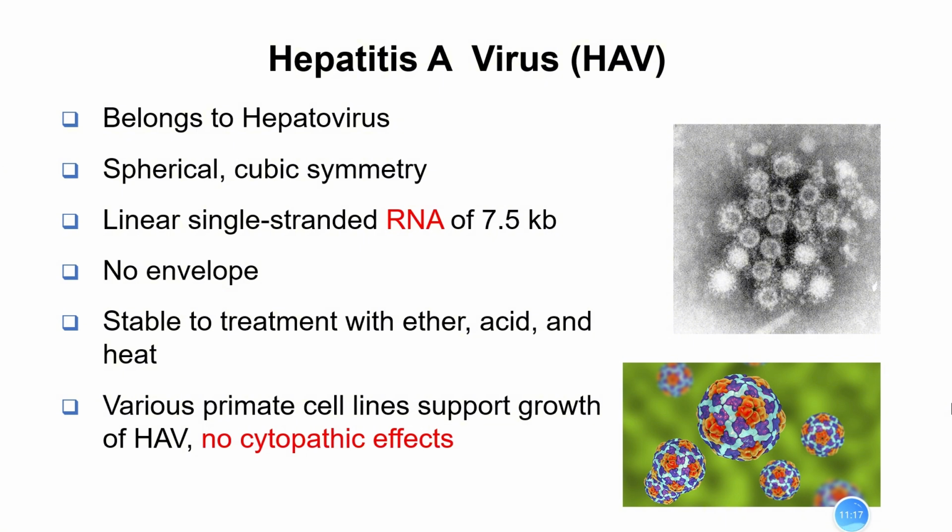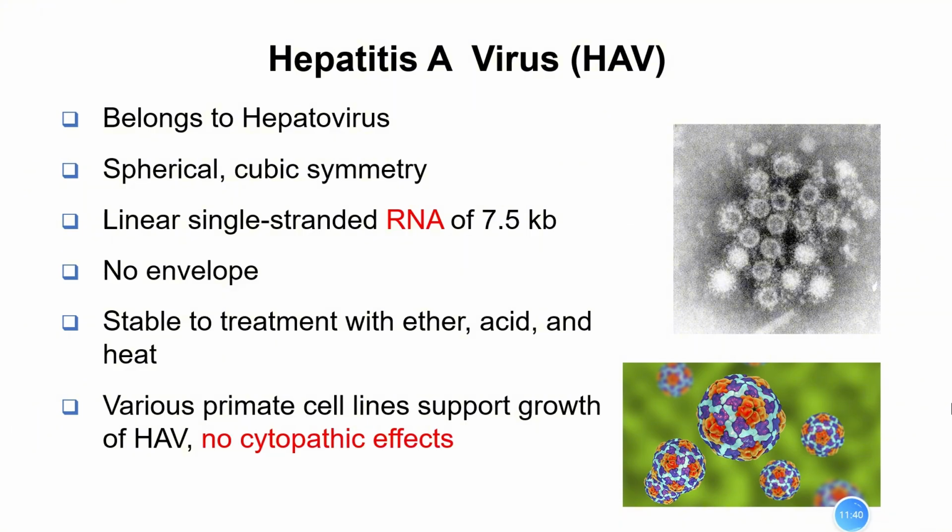HAV is stable to treatment with ether, acid, and heat. This is a common property of naked viruses. Because of the lack of an envelope, the proteins are relatively more stable.